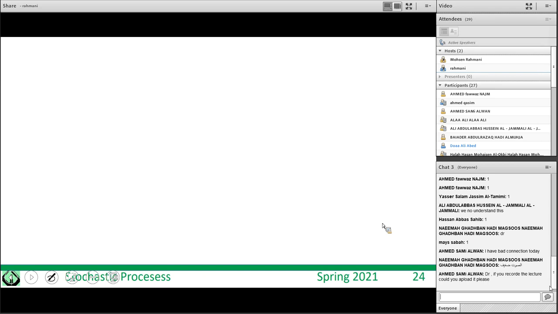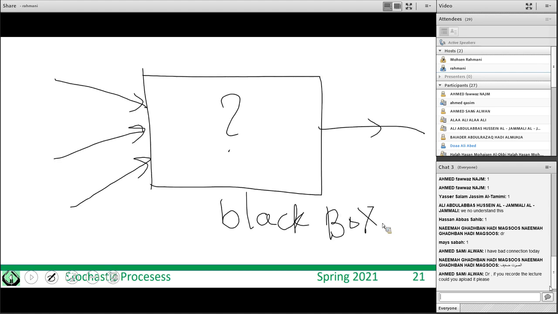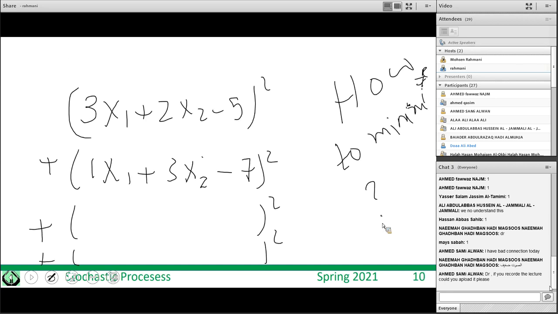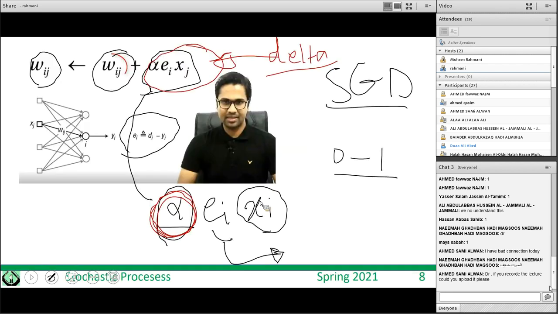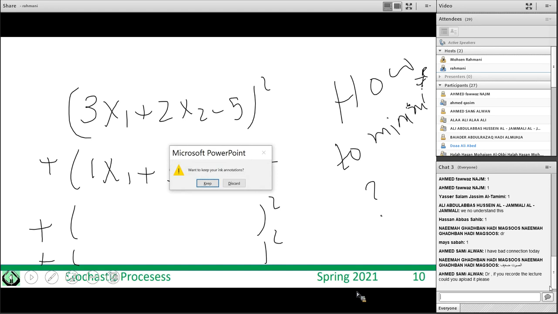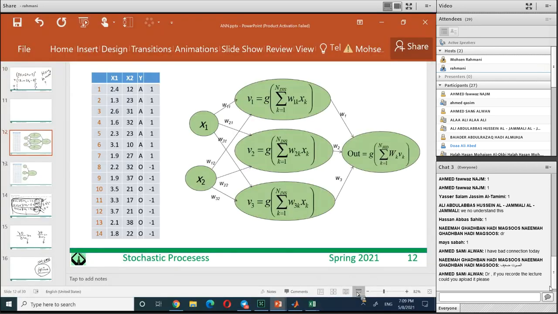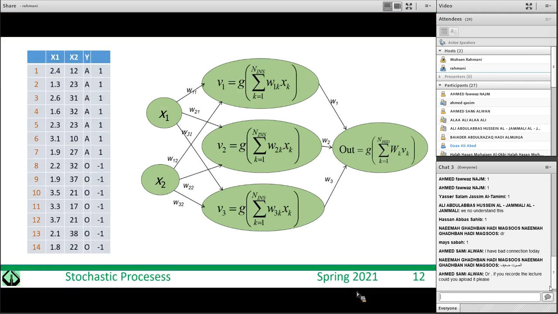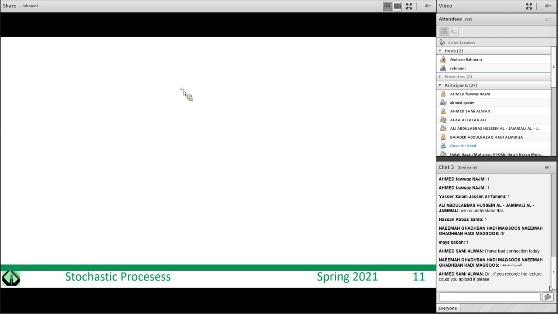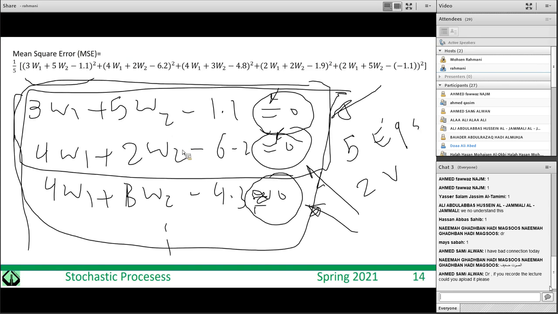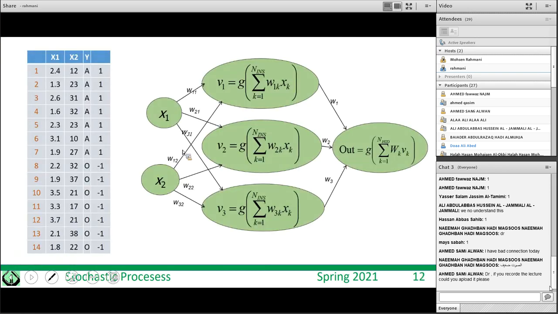If we have a more complex neural network, for example if I have such a neural network, we have many weights to calculate, and the formula will be more difficult.